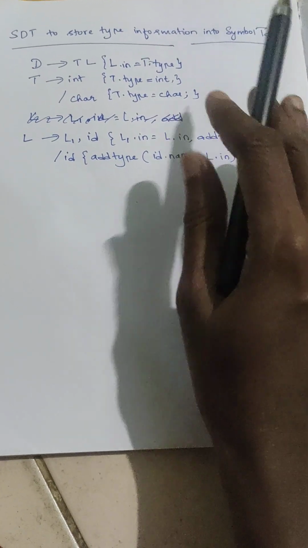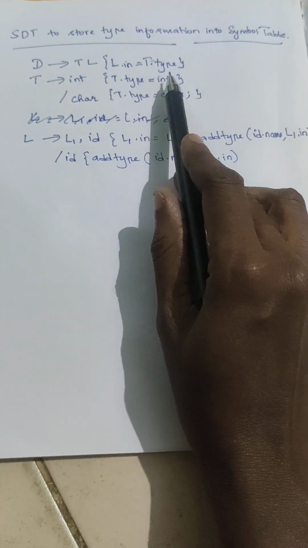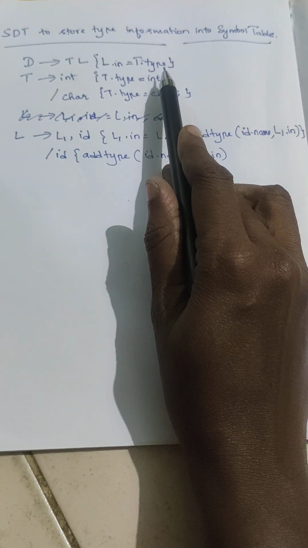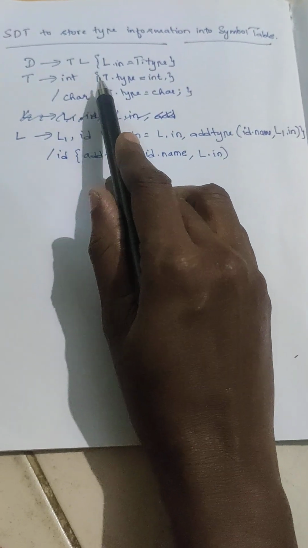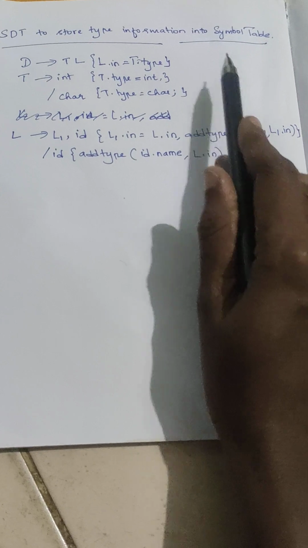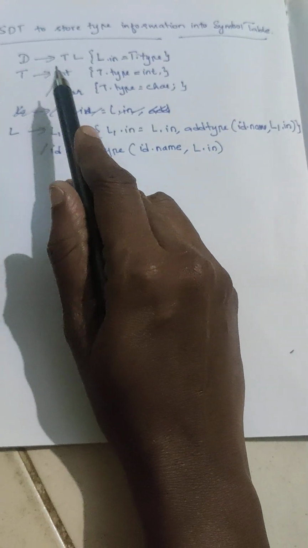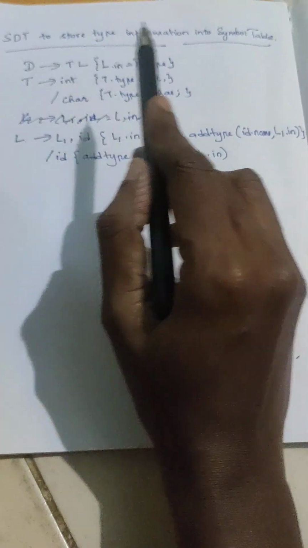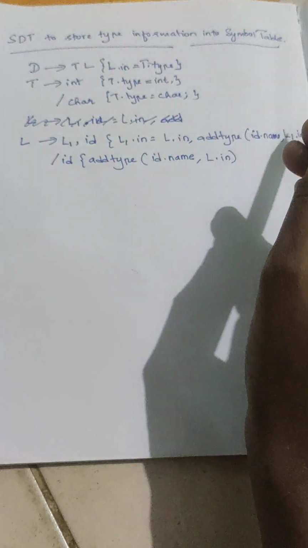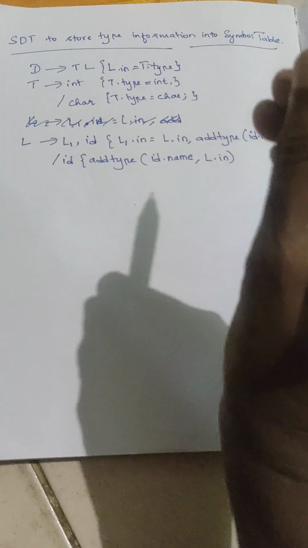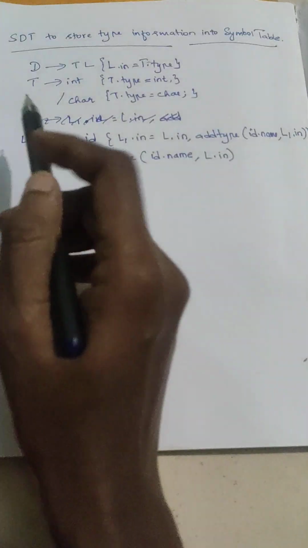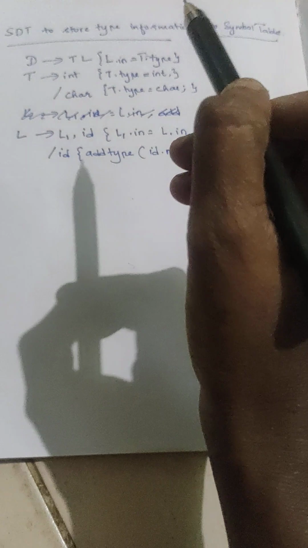So based on the definition of the SDT, we can categorize it into an S attributed one or an L attributed one. As you know, S attributed one is a synthesized attribute where a parent takes its value from its children, right? Whereas the inherited one is where the children take their value from their parent and also from their sibling.